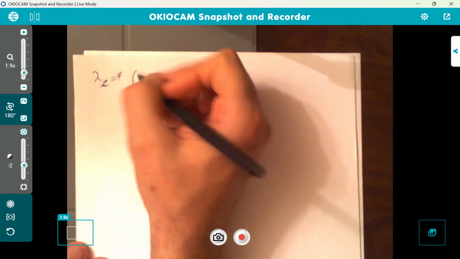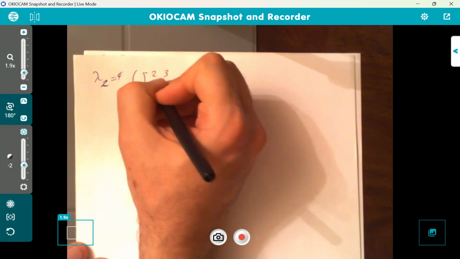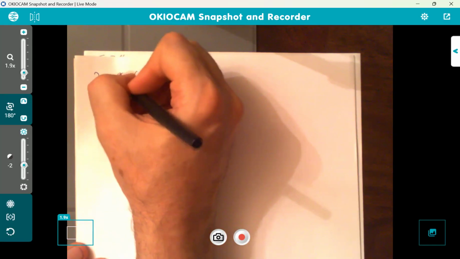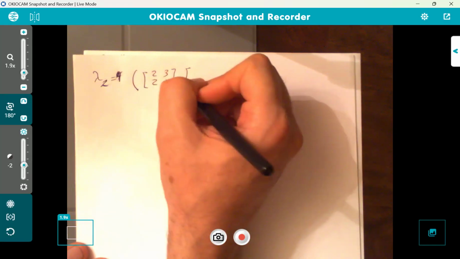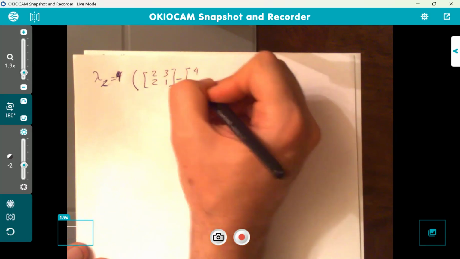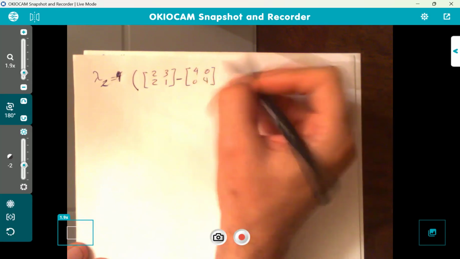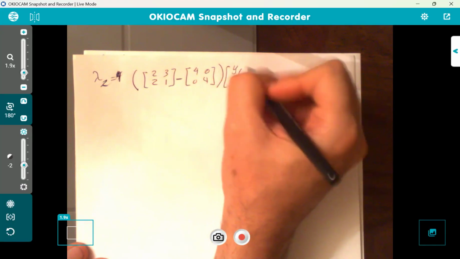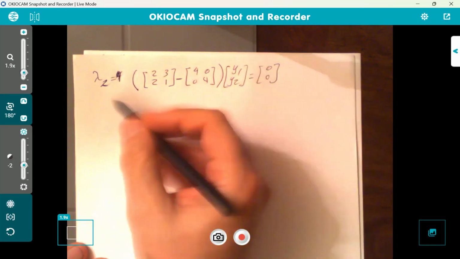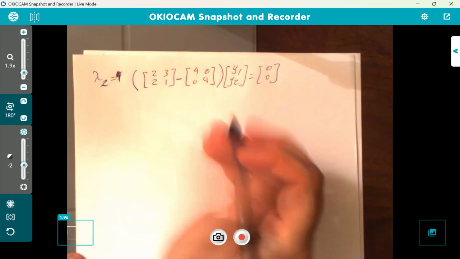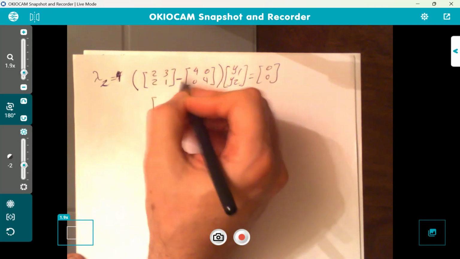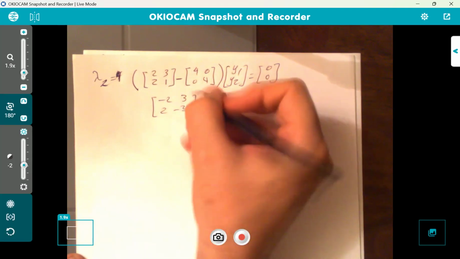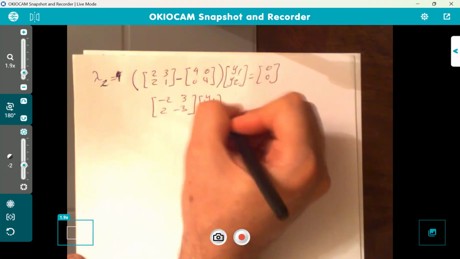Well, that means you're going to do A, 2, 3, 2, 1, minus lambda I, so it's going to be 4, 0, 0, 4. Remember, I is the identity matrix. And then multiply by y1, y2 equal to 0, 0. And then set up a system for this one. The matrix 2 minus 4, so it's going to be negative 2, then we have 3, 2, negative 3, y1, y2, and then 0, 0.